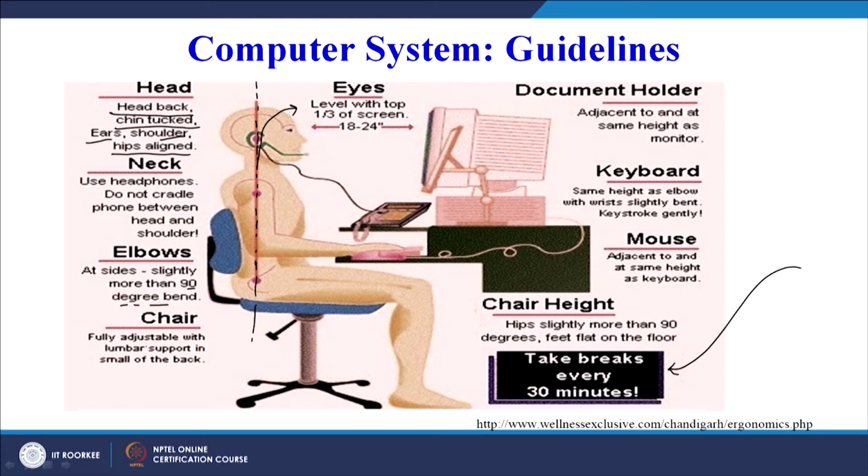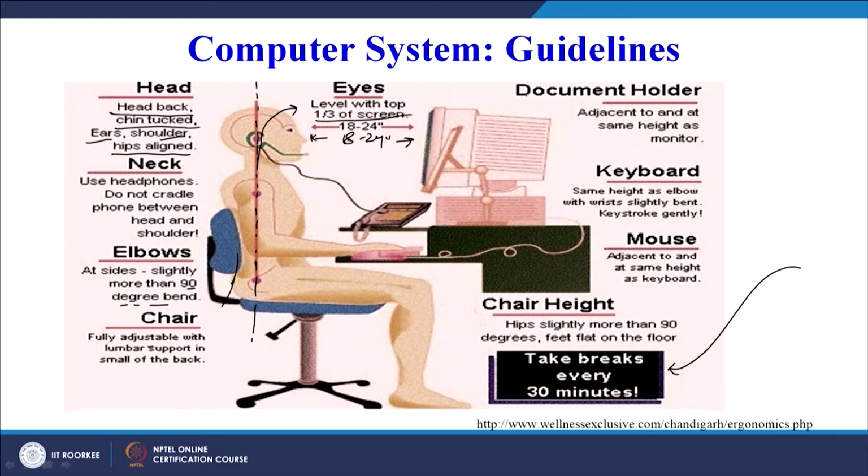Chair fully adjustable with lumbar support in the small of the back. So this is the lumbar support arrangement given here. Eyes level with the top 1/3 of the screen, and this distance you can see is given here, 18 to 24 inches. This was an important thing that we have seen in the beginning of today's session.